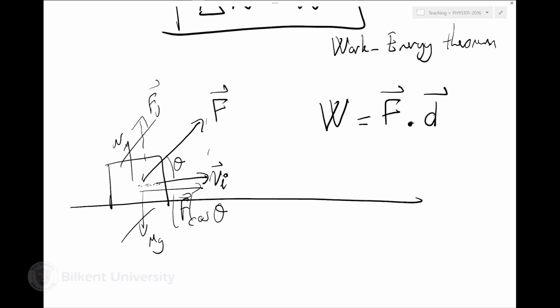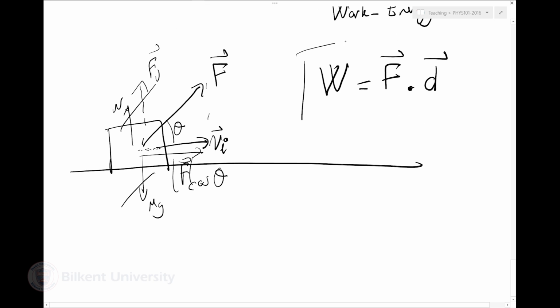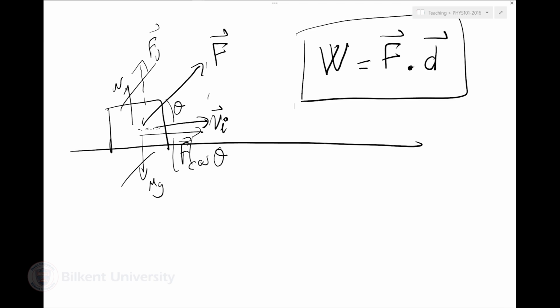So here is the nice thing, that product immediately takes care of my cosine. Okay, so I can actually say work done on an object is applied force on it dot the distance it actually traveled. So with this definition, delta kinetic energy will still be work.